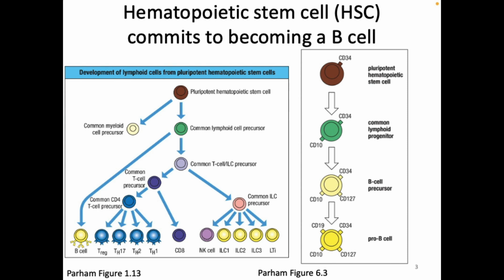So this cell has already become a lymphoid progenitor and has started to be a B cell. And as we talk through this, we're going to call out some specific cell types in the process of becoming a B cell.